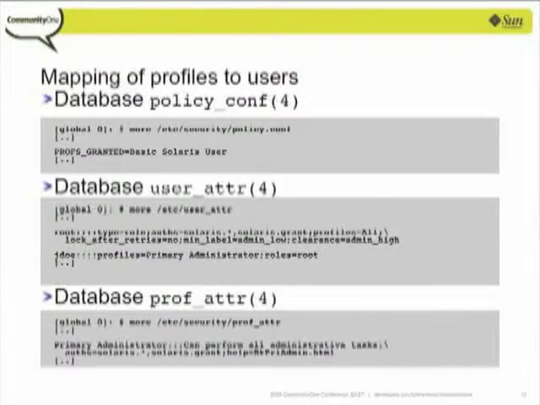There's a comment field that says what this profile is all about, namely can perform all administrative tasks, and then it lists which authorizations are given to this profile, again solaris.*, so all of them, in particular solaris.grant, and then a help page, an HTML page pointer that can be used for finding out more information about it.